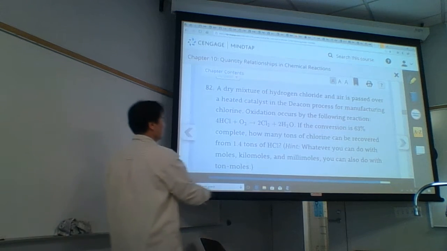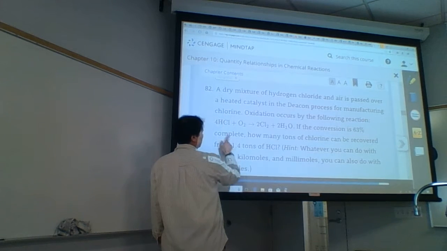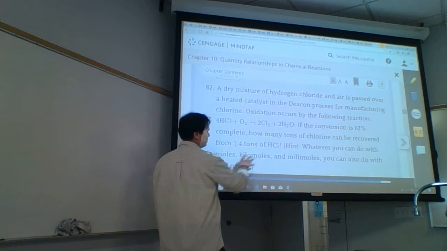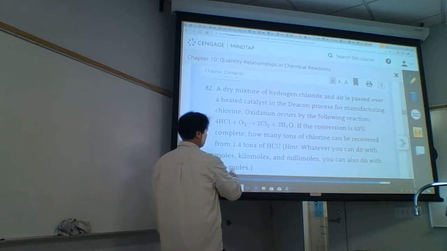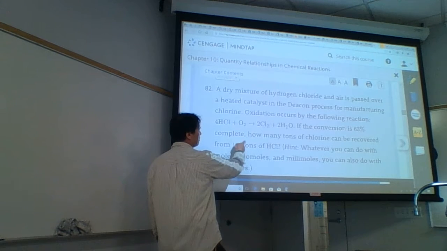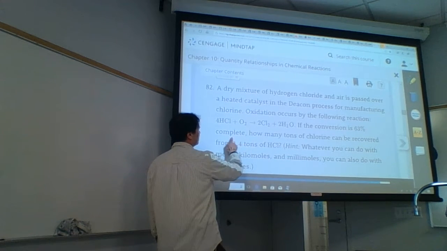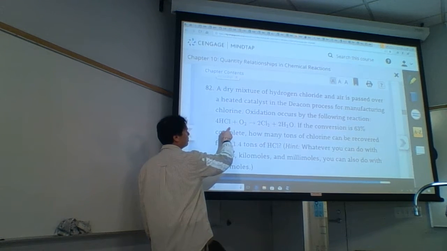So what we'll do is use the 1.4 tons of HCl. I don't pay attention to the ton moles and all that other stuff. I just do 1.4 tons to pounds. So we go to pounds of HCl to grams of HCl, grams of HCl to moles of pure HCl.